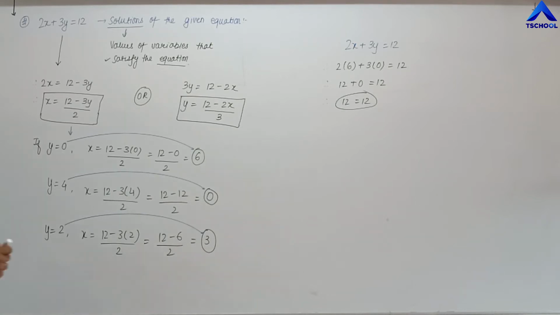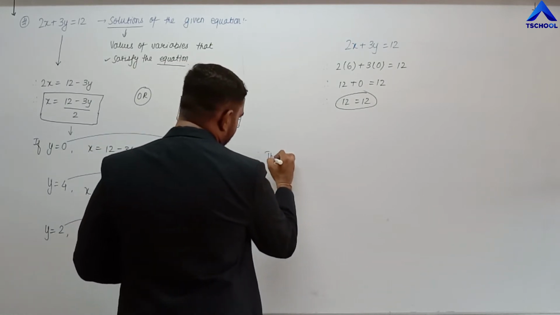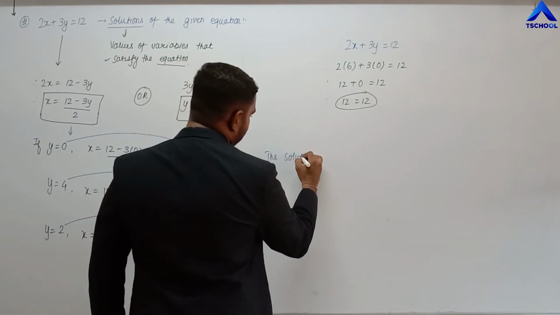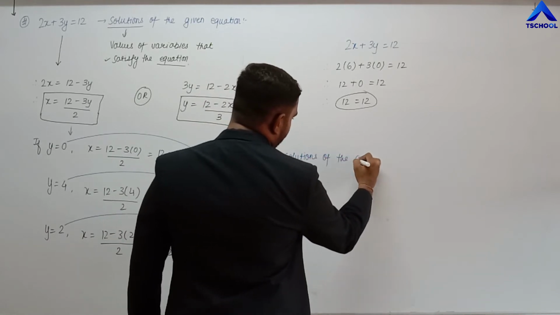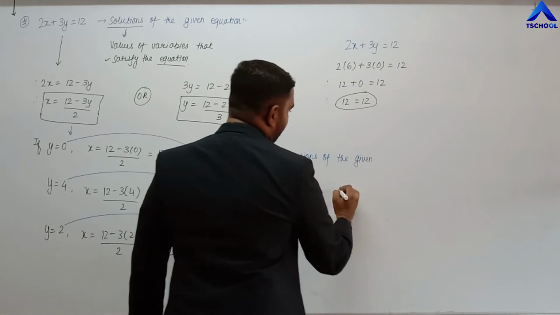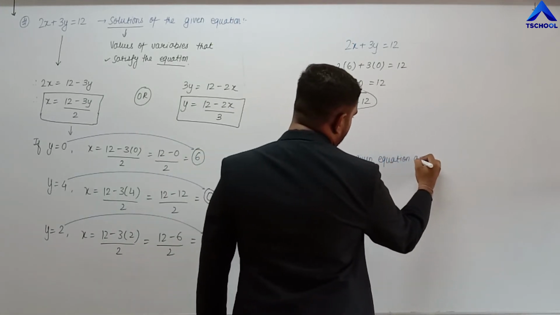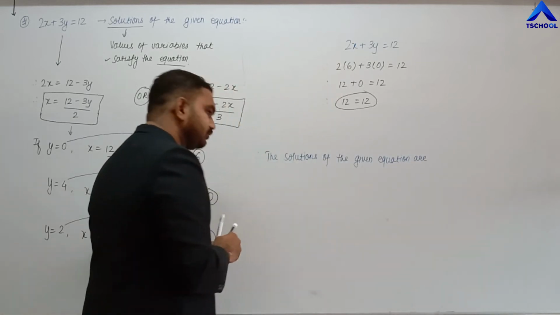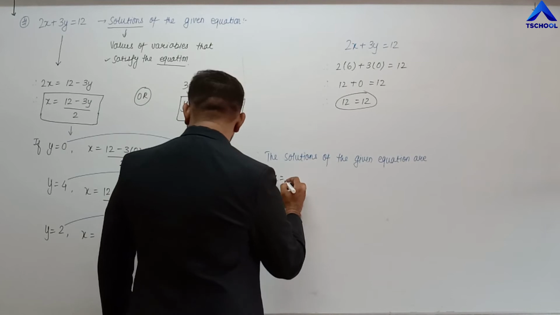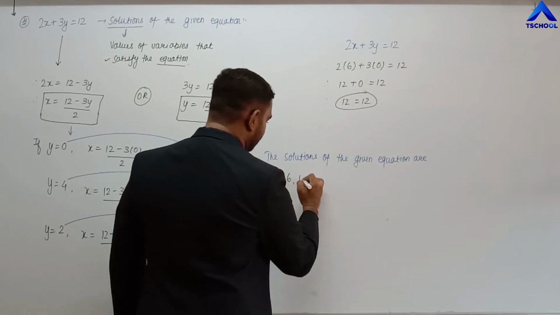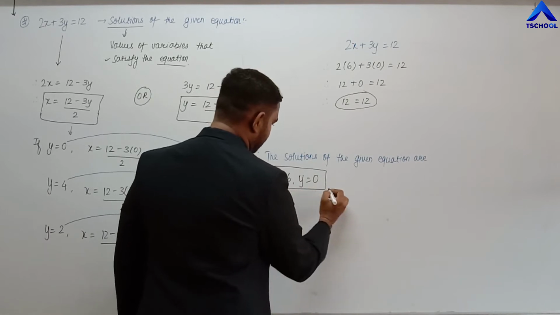Therefore, the solutions of the given equation are, you can write it down like x equals to 6 comma y equals to 0, the first one.